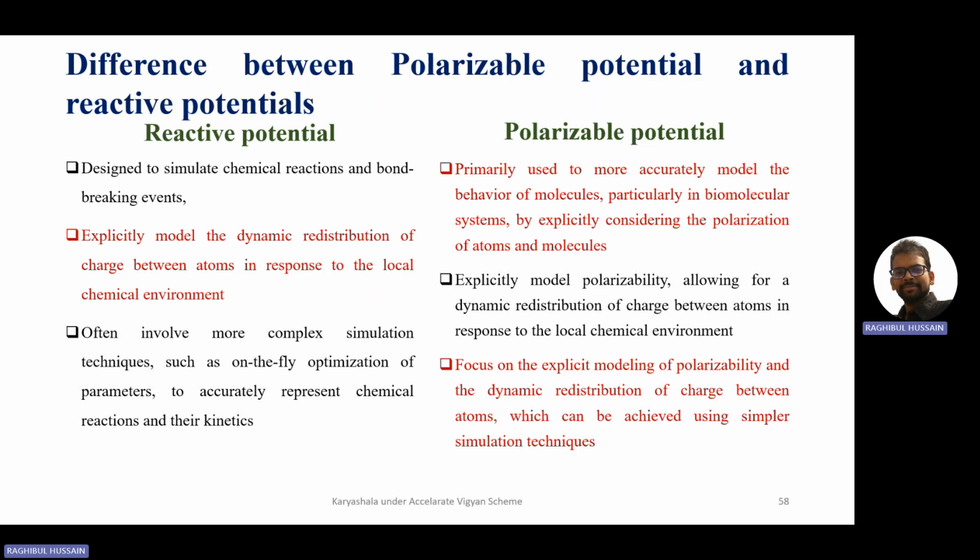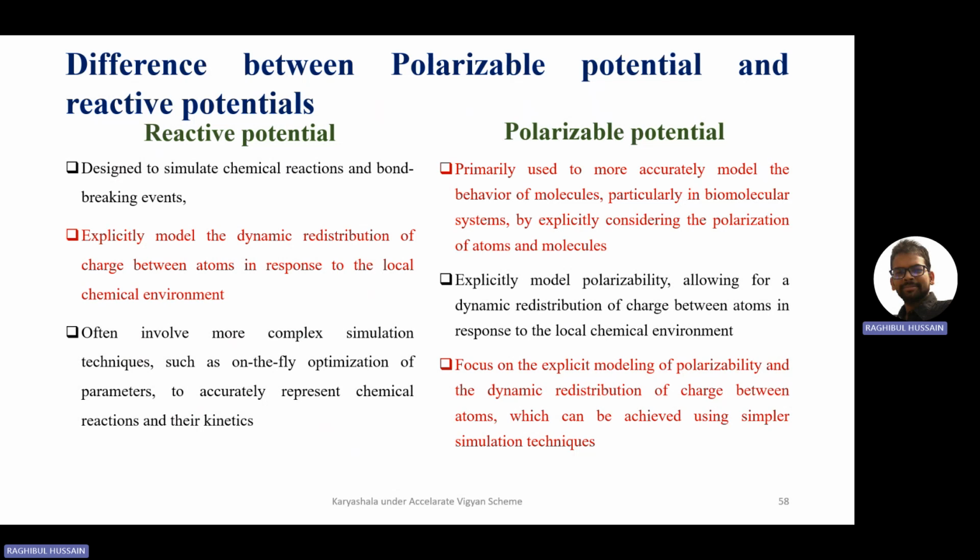In the polarizable force field, there is dynamic redistribution of charge between atoms in response to the local chemical environment. And here it explicitly models the polarizability, allowing for a dynamical redistribution of charge between atoms in response to the local chemical environment.